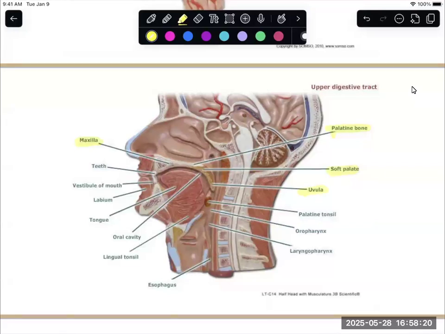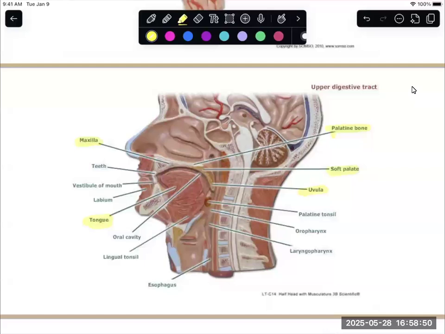We have the tongue, the lingual frenulum. Lingual, again, is the tongue. Underneath your tongue, you have this little piece of tissue that comes up in the middle that helps to hold your tongue to the floor of your mouth. That's the lingual frenulum.